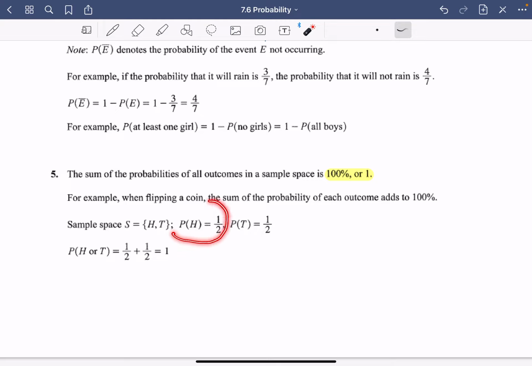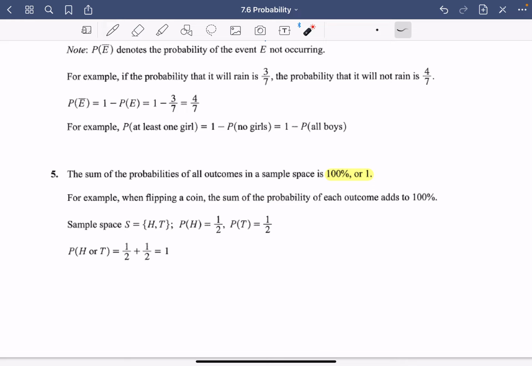So the probability of getting a head is a half, 1/2: 1 head over an outcome of 2. And the probability of getting a tail is 1/2 as well, so 1 tail out of 2 outcomes in total. If you add them up, it's going to equal 1. And it has to equal 1.